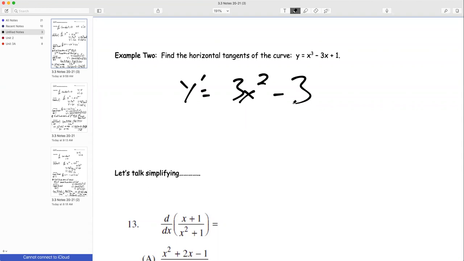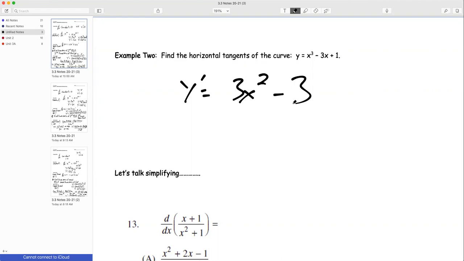But now what? That's the first step, and it says to find the horizontal tangents. Are we stuck? Well, let's think about this.